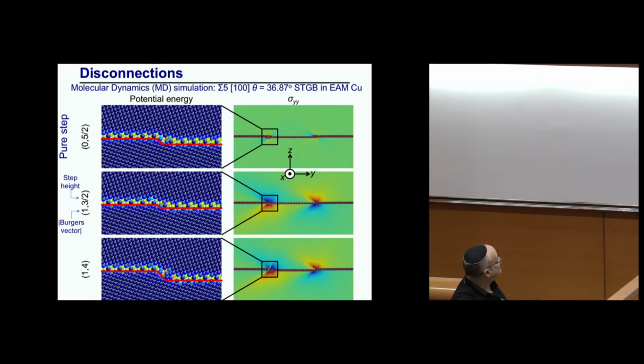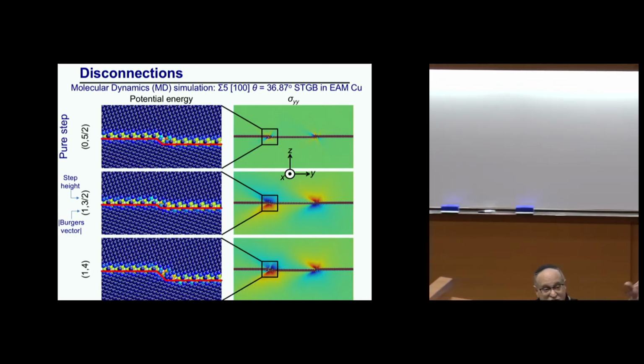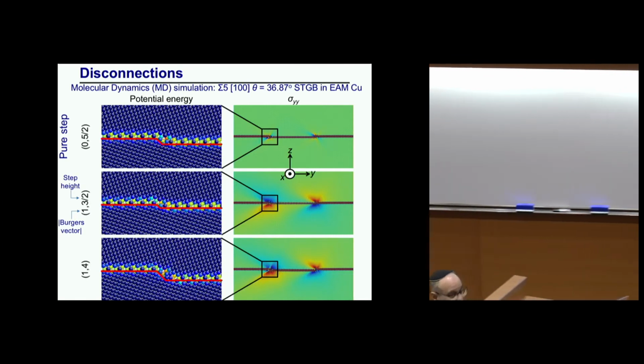So this is 3 halves, and that's 4 in some units. But the point is the Burgers vector is the same. And if I look at the elastic stress field around them, even though they have different heights, since they have the same Burgers vector, the stress fields are identical. So the stresses are controlled by the Burgers vector, the dislocation character, and the steps don't really affect that.